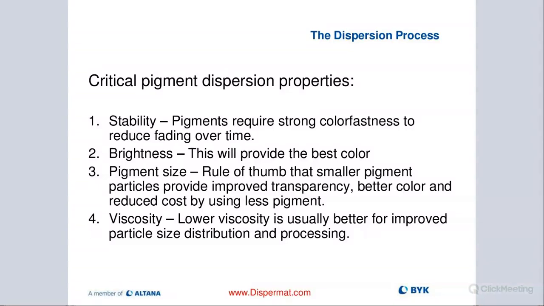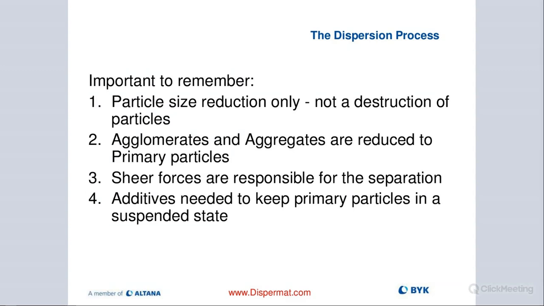That would be optimum to put in the amount of energy that we need to really break up these van der Waals forces. If the viscosity is too low, it's very difficult to put in the energy. And if we are too viscous, then it's sometimes too difficult to get good processing parameters with the blade. And also if we are milling, it's difficult to get the product through the media mill.